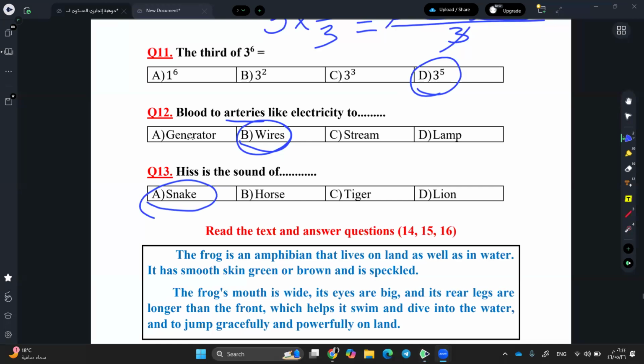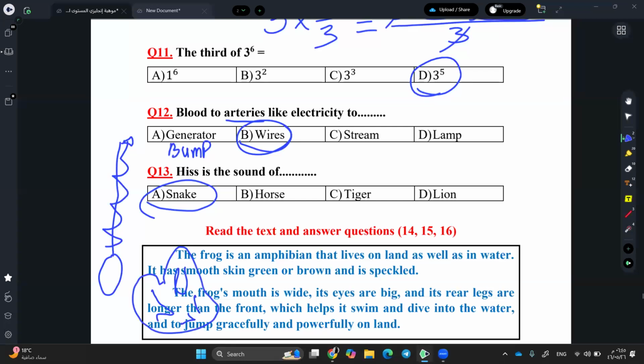Generator is the main part that generate, which is pumping, right? When you tell that blood to arteries like electricity to generator, it's not like that. Here you have, let's say, this is the generator and this is the wire, and here's electricity moved into this wire. Like here, you have the heart. Okay, this is the heart.